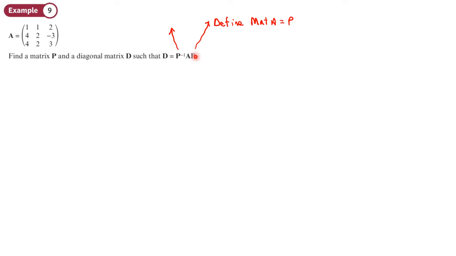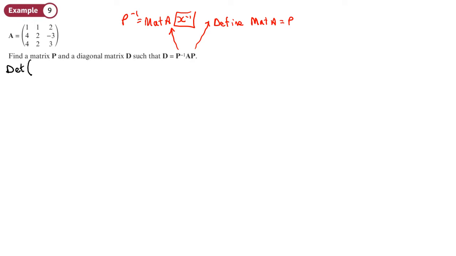P is going to be the matrix of the eigenvectors of A. So we're going to have to start by finding the eigenvalues, then the eigenvectors. Then when we want P inverse, all we do is press the button that brings up matrix A, and then press the x to the -1 button, and that would be P inverse. So that will save us time. We are allowed to use our calculator. It will save us time.